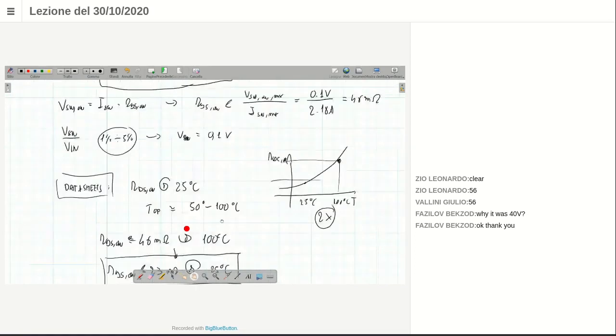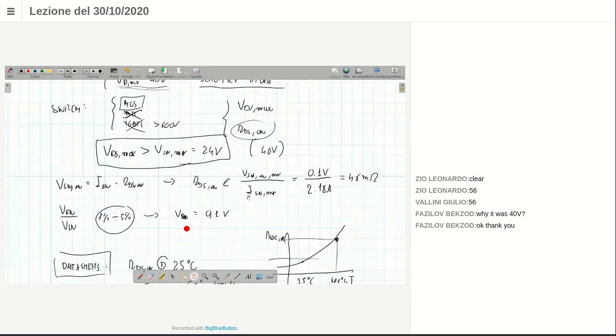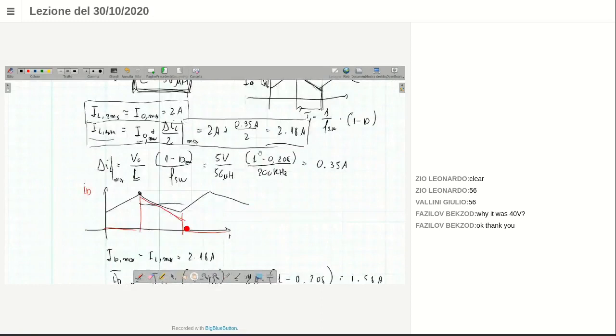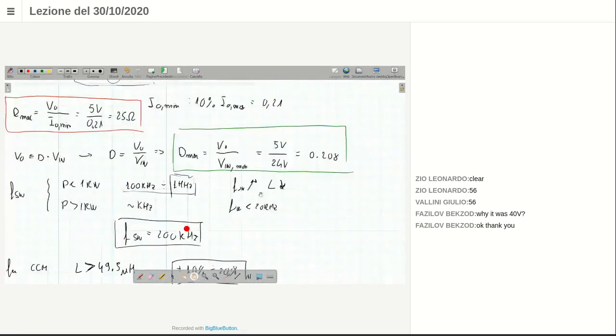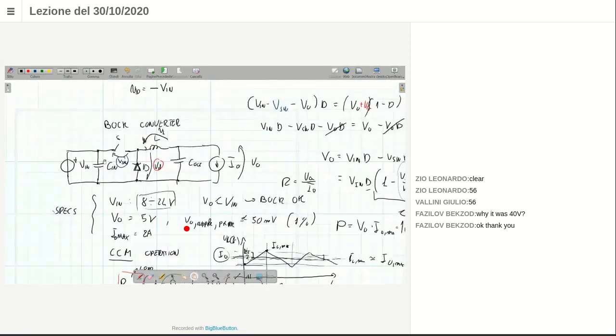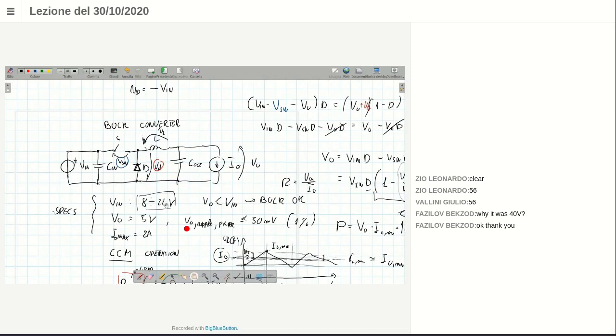Another remark, but this is not covered in this design exercise, in the buck converter, the switch is in a high side configuration, so you should pay attention. You need a high side driving shim unless you use a PMOS device. Okay.